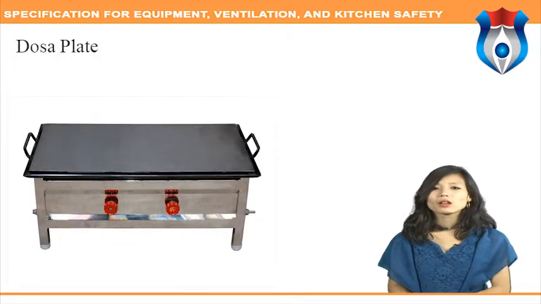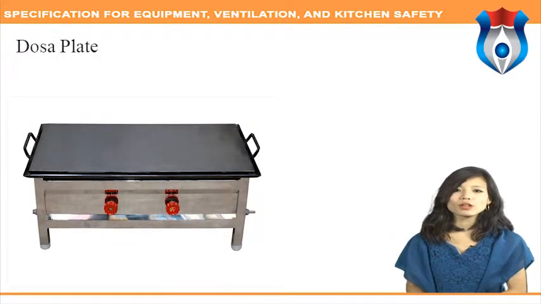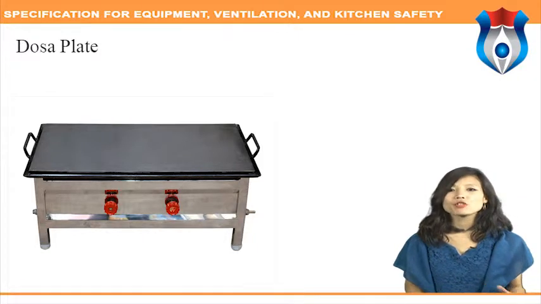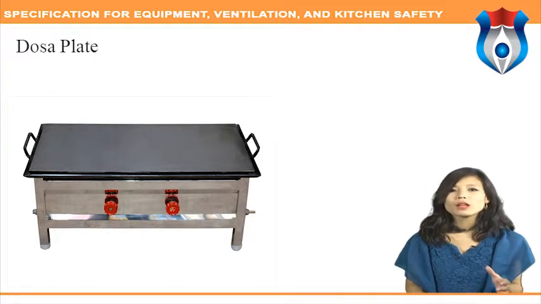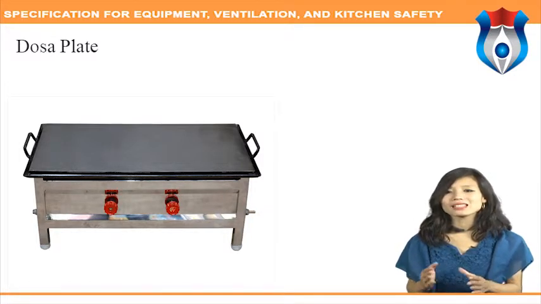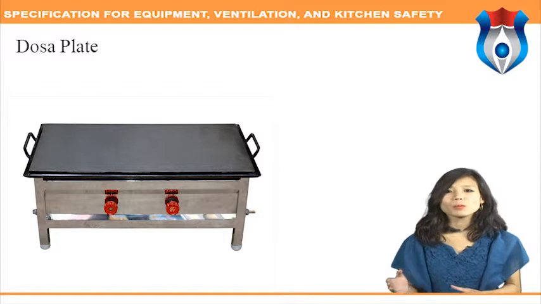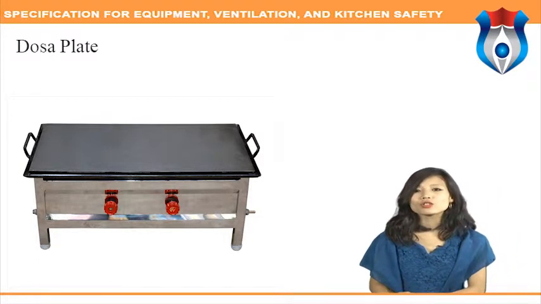Dosa plate. The dosa plate is similar to the griddle which has hot plates specially designed to prepare dosas. The plate is thick machine polished mild steel with even heat distribution for optimum use. The MS plate rests on a stainless steel frame and it has SS top, front and a specially placed oil spillage trough.